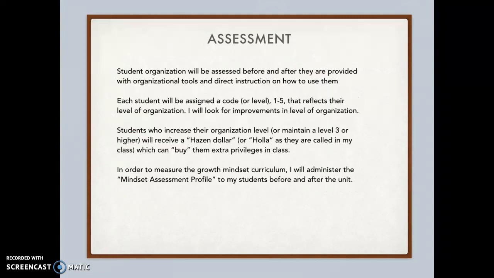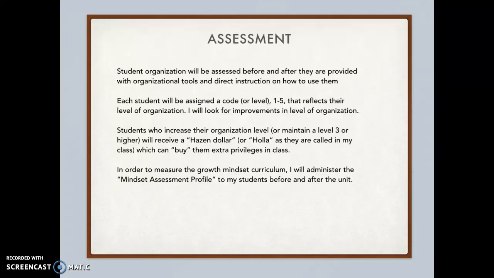So the way that I will be assessing this is that I will be looking at their organization before and after the intervention takes place. I will assign each student a code 1 through 5 that reflects their level of organization and look for improvements.